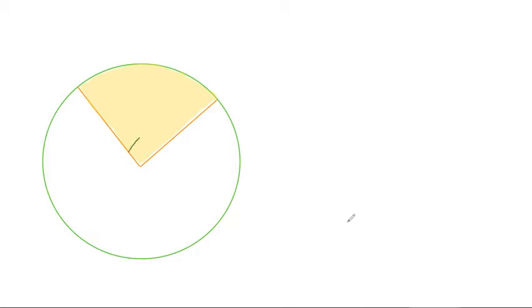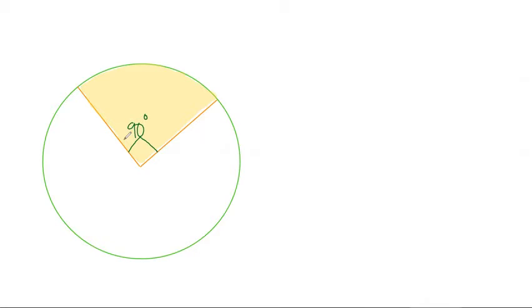That would be 90 degrees. It's going to be a right angle right here, and that's 1/4 of the circle. This is what we call a sector. A sector is just any kind of slice, no matter how large, that is part of the circle itself.